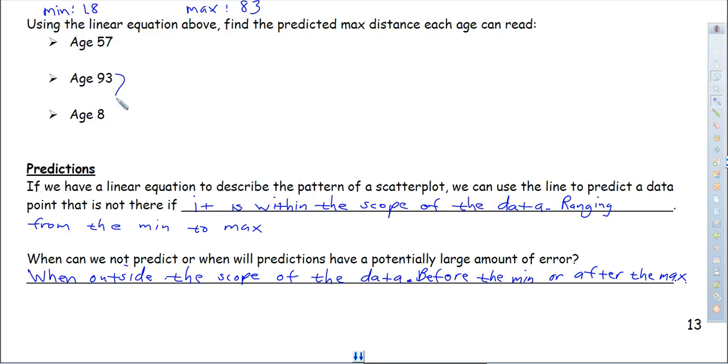But what about these two? 93 is past the 83, and 8 is before 18, and these would be extrapolations. Okay, so interpolation, extrapolation. Maybe we should write those down, right? Interpolation, and this would be extrapolation.